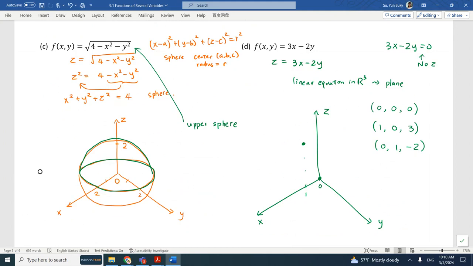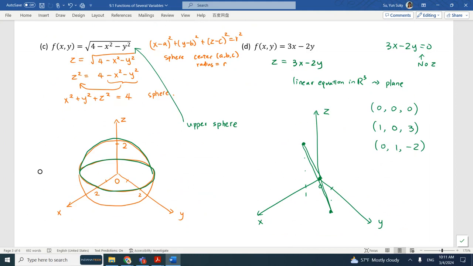And then this point is 0, 1, and then what? We go down. 1, 2, -2 here. You know what? My 3 points are not so good. So the plane looks like that. Is that okay, everybody?